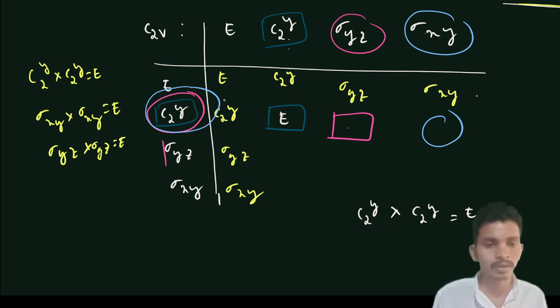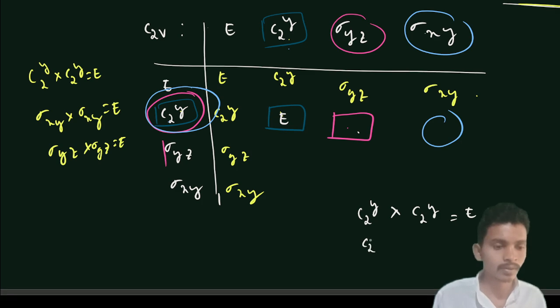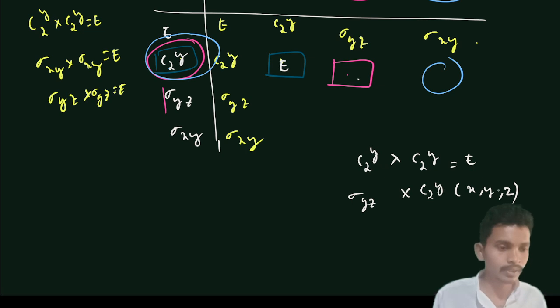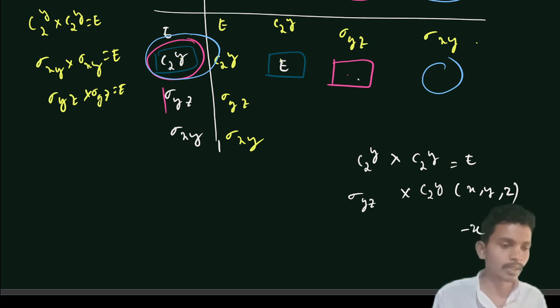Okay, because same value. Now to get this value I have to multiply C2y. So multiplication starts from here. So let's say C2y into this one, for getting this one, C2y into sigma yz. Okay, so what do I apply? XYZ we apply. So y remains, the change is minus x y z, and after that sigma yz is there.